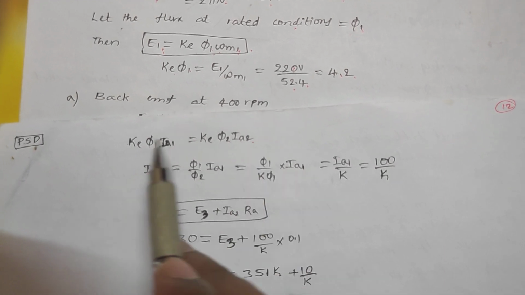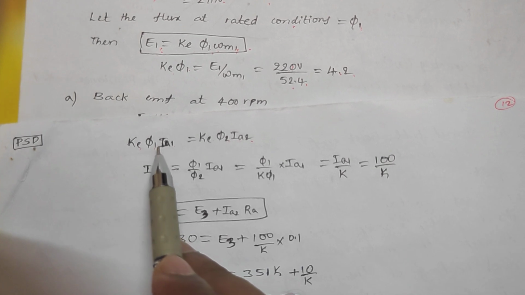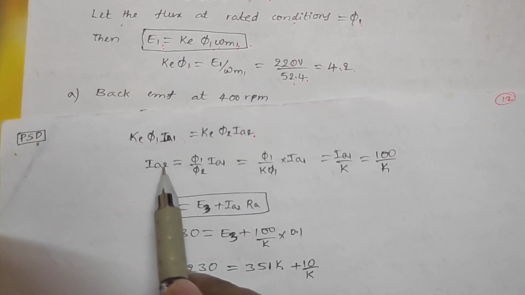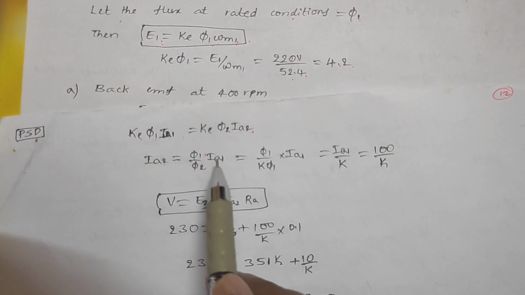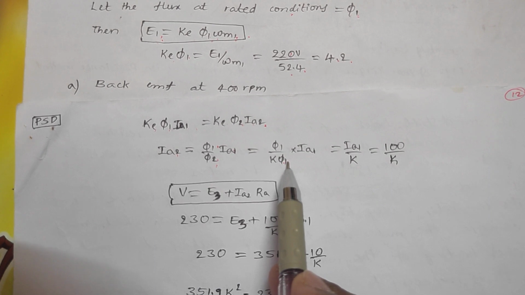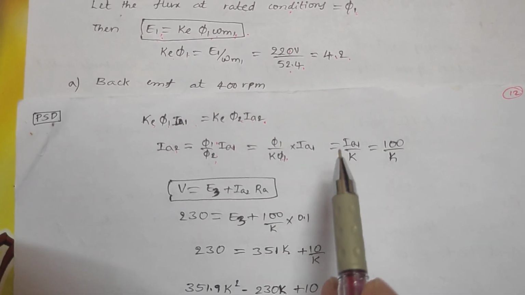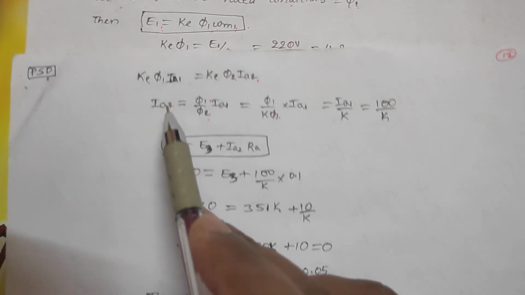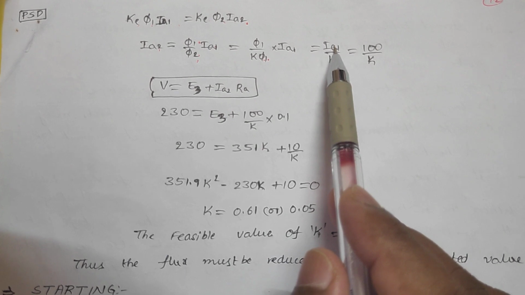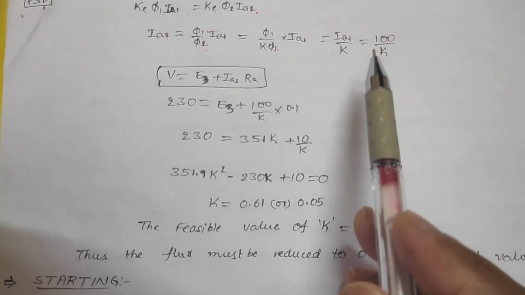On both sides Ke is constant, but flux and armature currents are different. So phi 1 Ia1 is equal to phi 2 Ia2. From that relation we can get Ia2 is equal to phi 1 by phi 2 into Ia1, where phi 2 is equal to K times phi 1. So phi 1 will get cancelled, and you will get the new armature current equal to Ia1 by K. Ia1 you already know, that is the rated armature current, 100, so Ia2 is 100 by K.